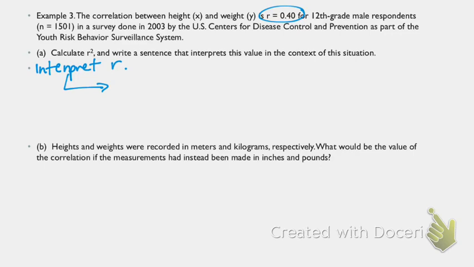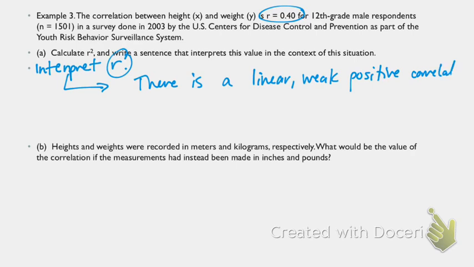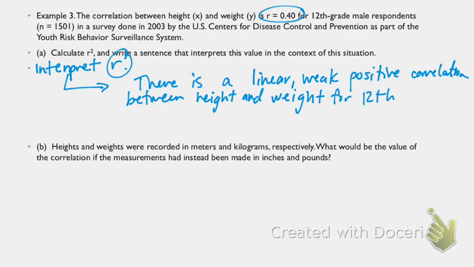This is the LSD for R. There is a weak, positive, linear correlation between height and weight for 12th grade males. That's what the problem tells me.